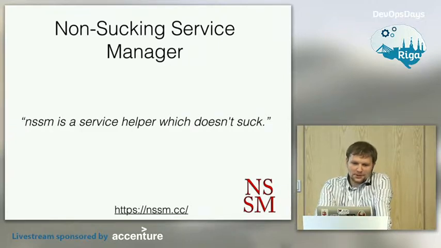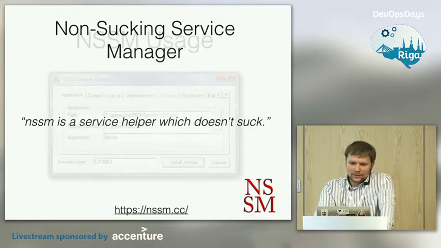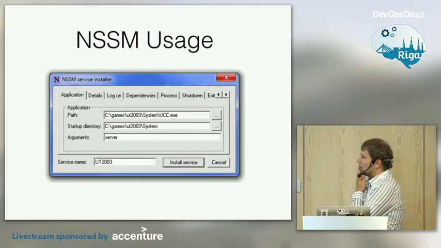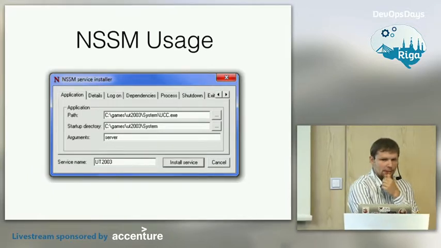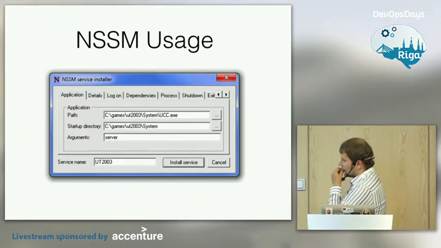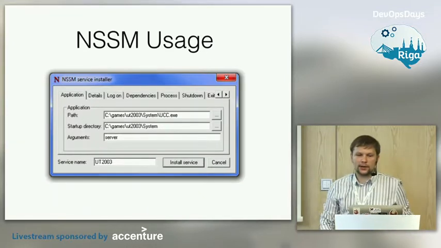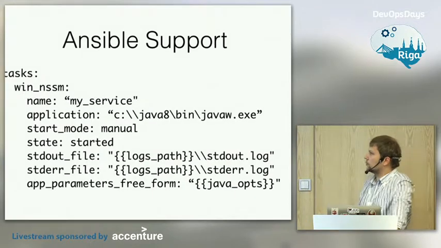The documentation states that it's a service helper which doesn't suck. Based on documentation screenshots, I came to the conclusion that it was developed for running an Unreal Tournament server. But it also helps to solve enterprise problems because it has Ansible support.